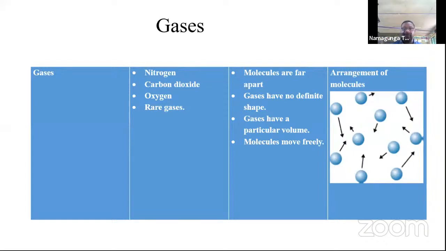Then number 3, we shall say that gases have a particular volume. We can also get its volume. Then lastly, molecules in gases move freely. I want someone to give me the reason. Nabide, please give us the reason why molecules move freely in gases.